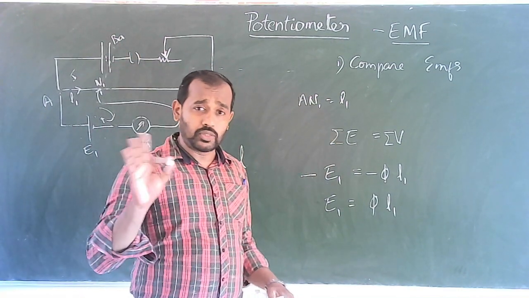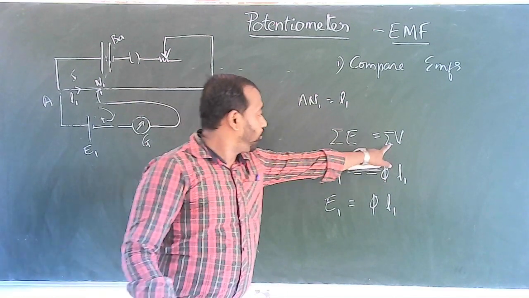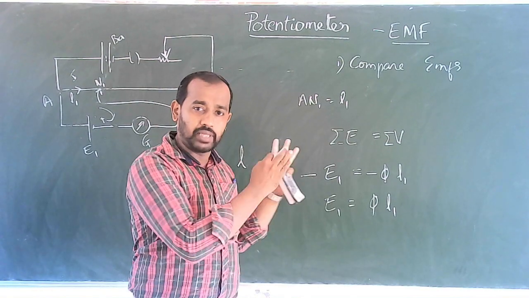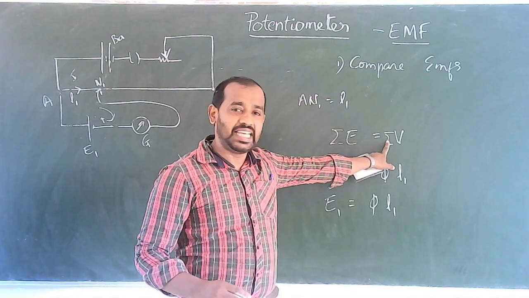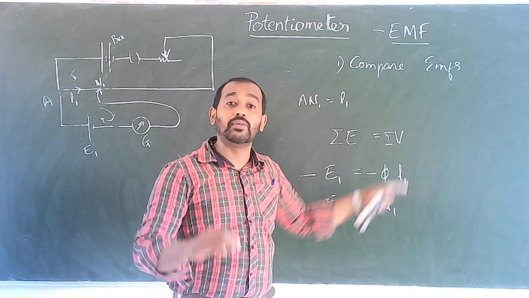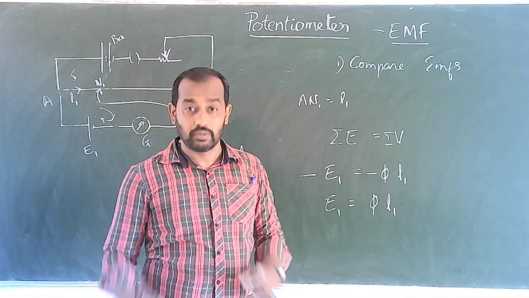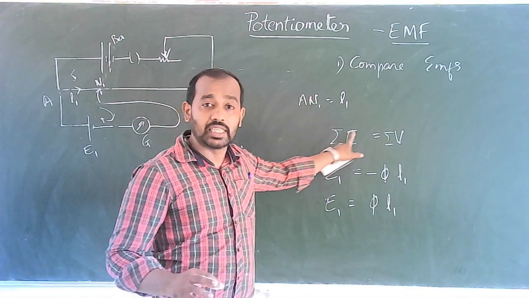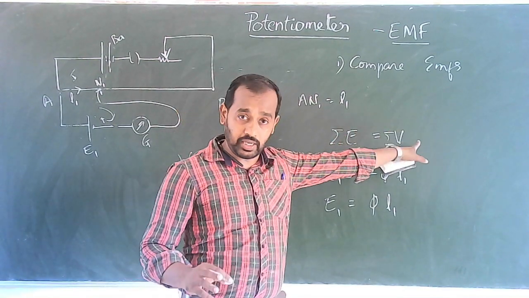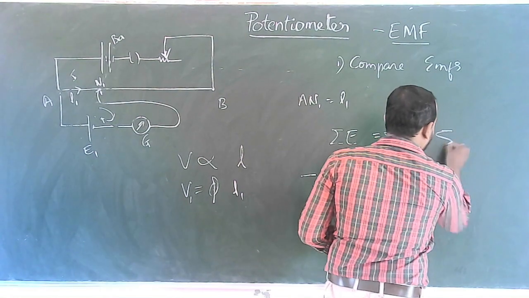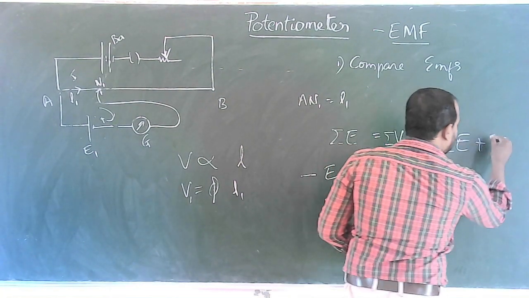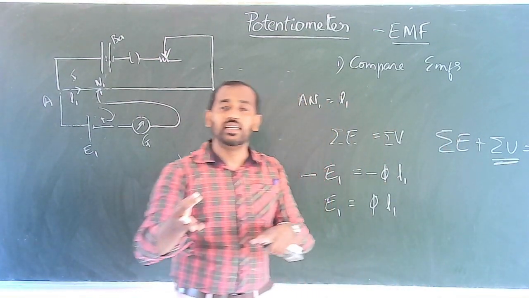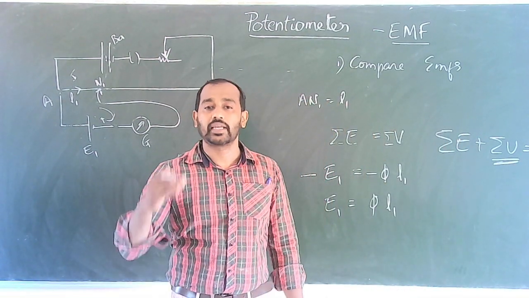Do not get confused with that fact also. If EMFs and IR drops are on the same side of the equation, then in the direction of the current, IR drops will become negative. If instead of writing this as summation of E is equal to summation of V, you write it as summation of E plus summation of V equal to 0, then IR drops will become negative in the direction of the current.